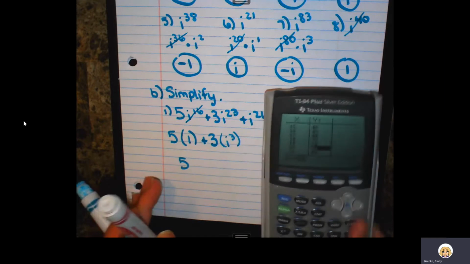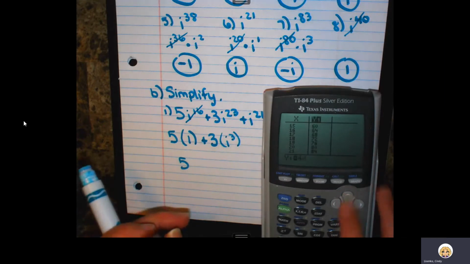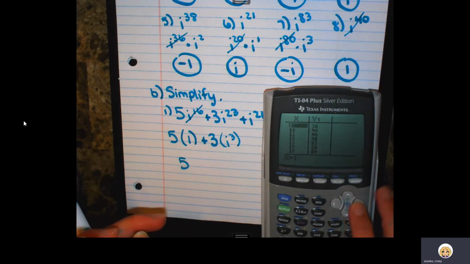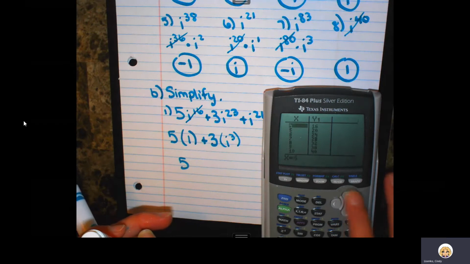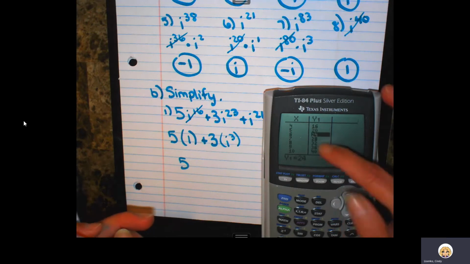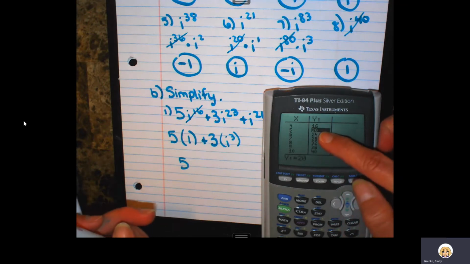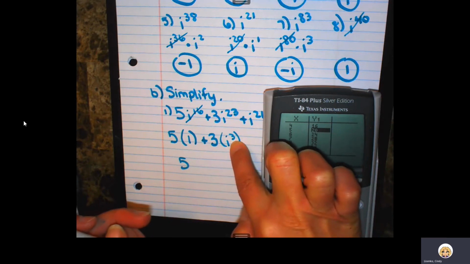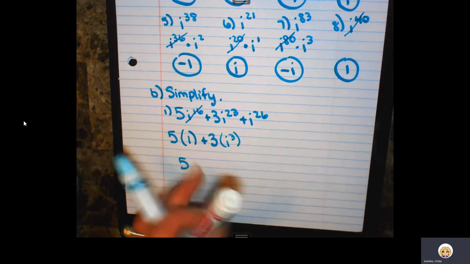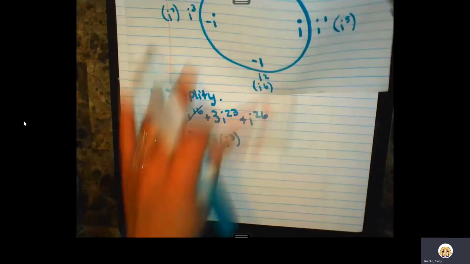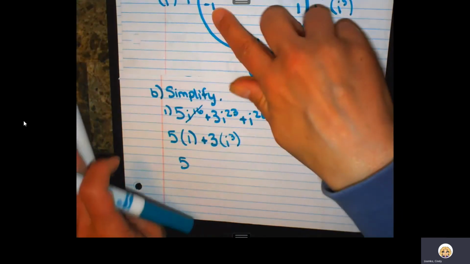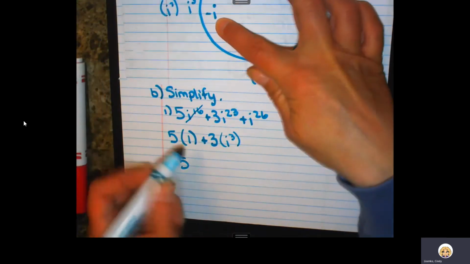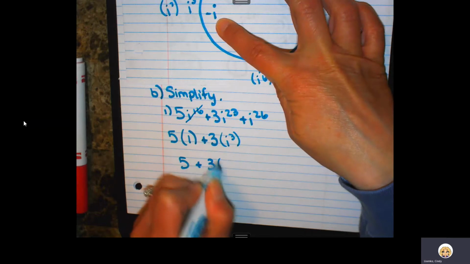I can look in my table to find the multiple of 4 that is below 23. Here's 20, 24 is too high, so I'm taking out 20. That means I'm left with 3, so that's why I put i cubed. Well, i cubed, according to our clock, is negative i. So I'm going to have plus 3 times negative i here.